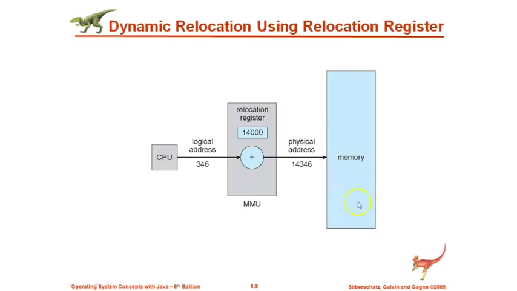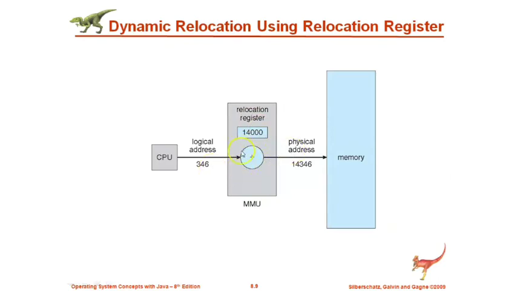Let us consider an example. Here we have dynamic relocation using a relocation register. Here we have the CPU. As we know, the CPU is going to generate the logical address. In this example, let us consider the address is 346. This is fed into the MMU, where we have a relocation register. It is going to add a particular value to this logical address in order to generate the physical address.